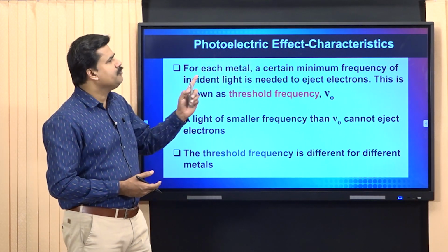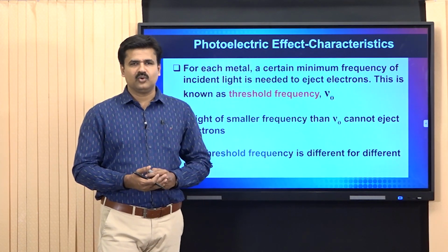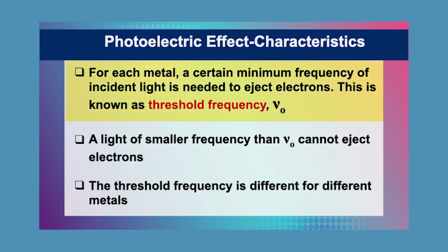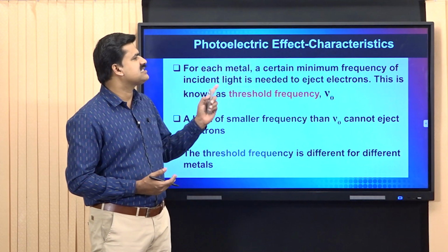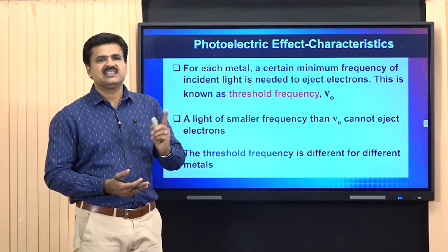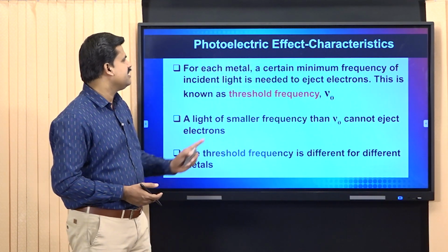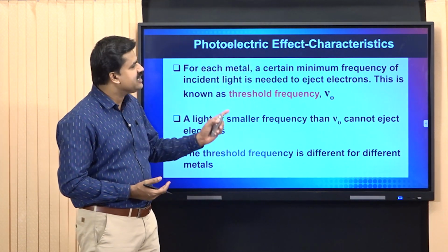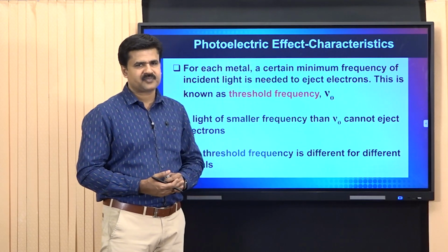Now, important characteristics of photoelectric effect. For each metal, a certain minimum frequency of incident light is needed to eject the electrons. This minimum frequency is termed the threshold frequency, denoted as nu zero.